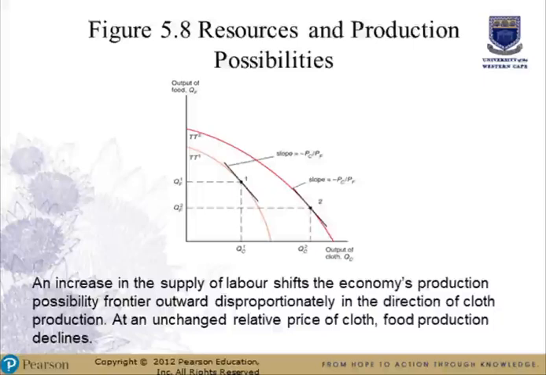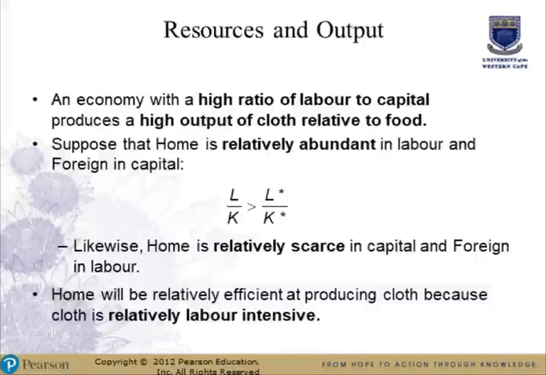Therefore, as we continue releasing resources from food production towards cloth production, the economy will produce more cloth and less food, reflecting an expansion bias towards cloth production from the increase in labor, as reflected in figure 5.8 by the movement from point 1 to point 2. This outcome proves the Rybczynski theorem.